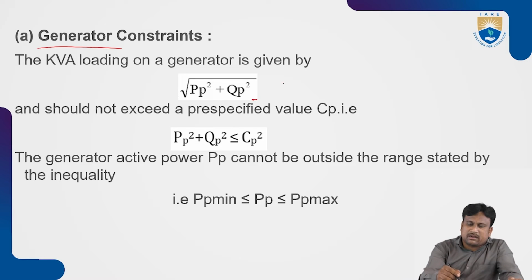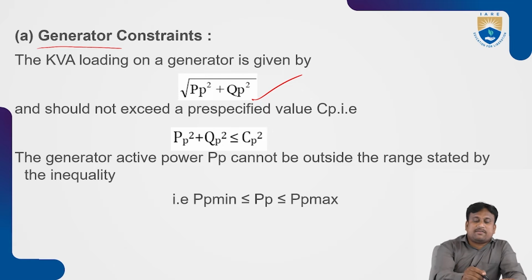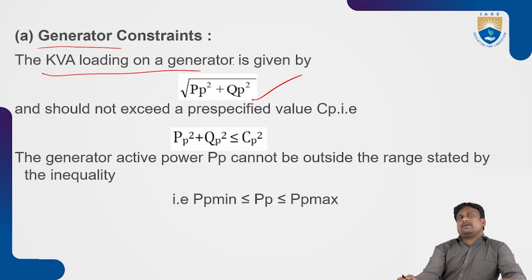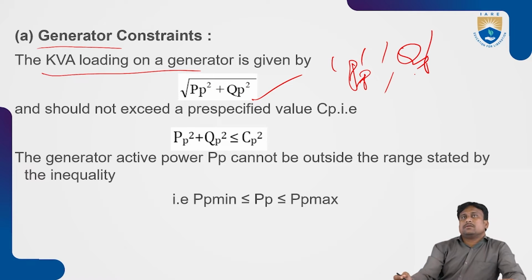So we take the combination as a square root term, defined as the kVA loading on a generator. The kVA loading on the generator is the square root of PP square plus QP square, where PP is the real power coefficient and QP is the reactive power coefficient.